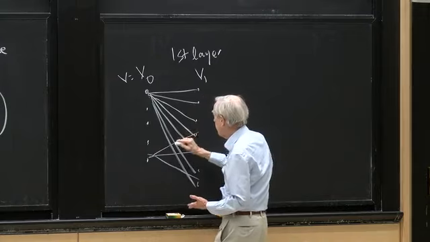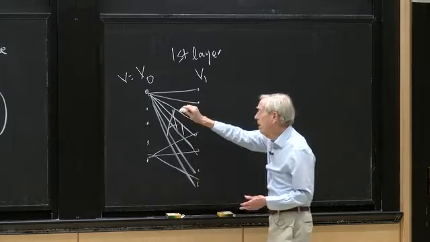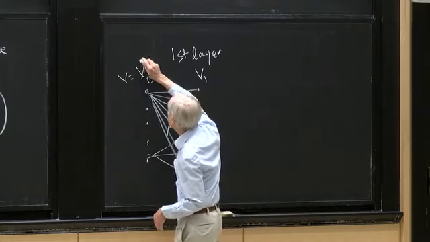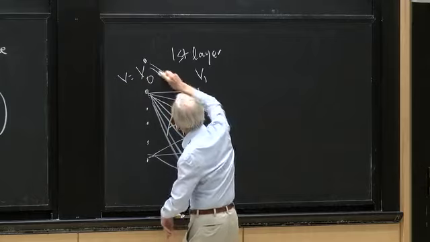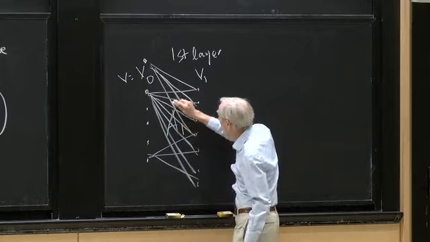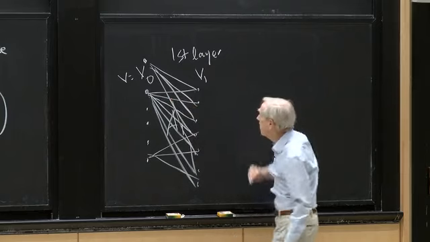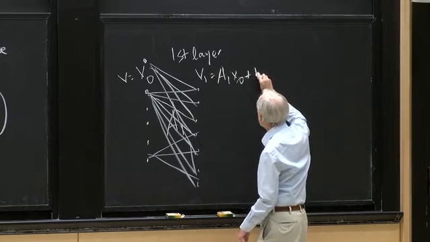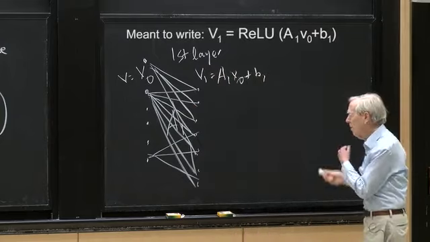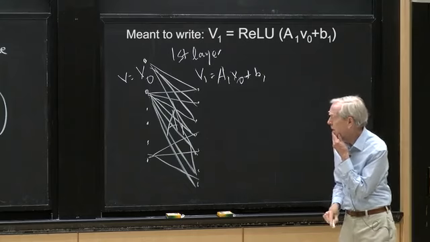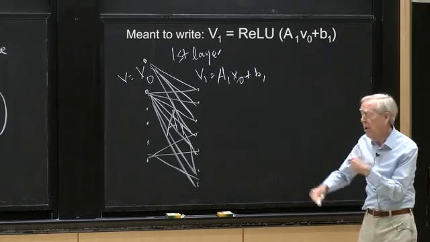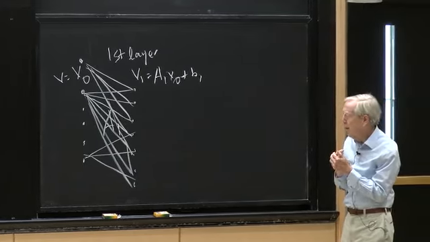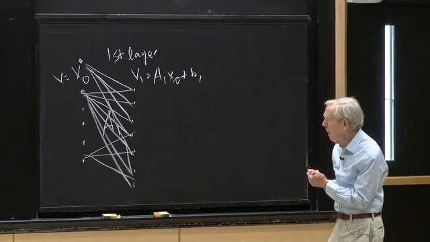So that describes a matrix A1 that tells you what the weights are, and then there's a B1, the bias vector, that's added to all those to get V1. So V1 is A1 V0 plus B1, right? And then onwards. This is the spot where drawing it by hand is clearly inferior to any other possible way to do it. Okay.